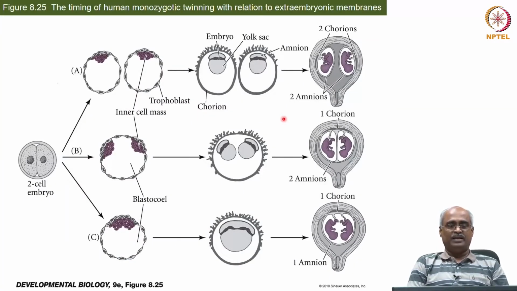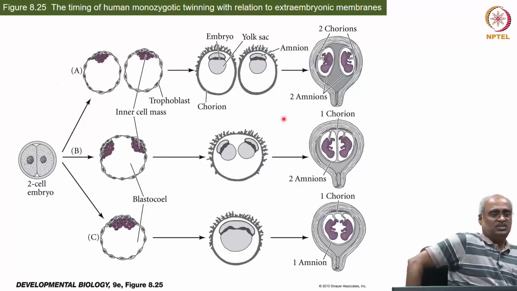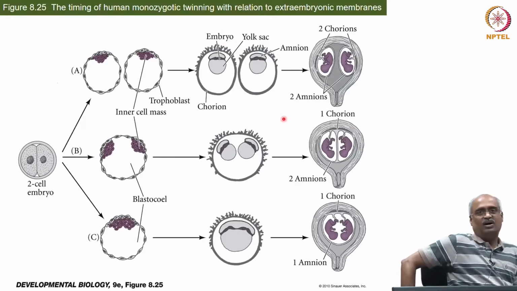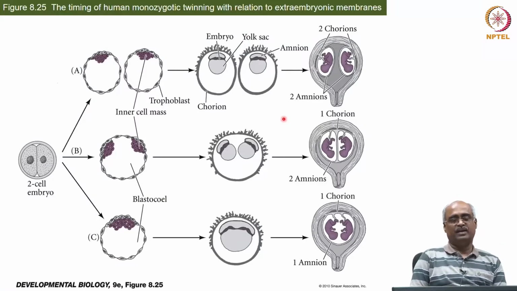so we now step back a little bit and start from inner cell mass once again to understand one specific aspect of inner cell mass. So as we discussed several lectures ago, while talking about different kinds of specification, I mentioned that mammalian, actually all vertebrates follow what is called conditional specification leading to regulative development.